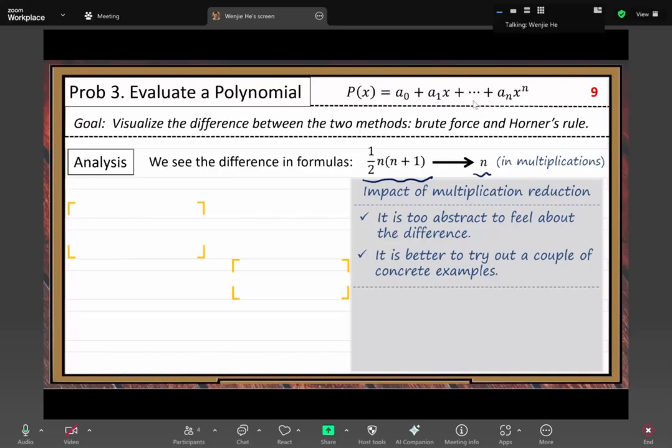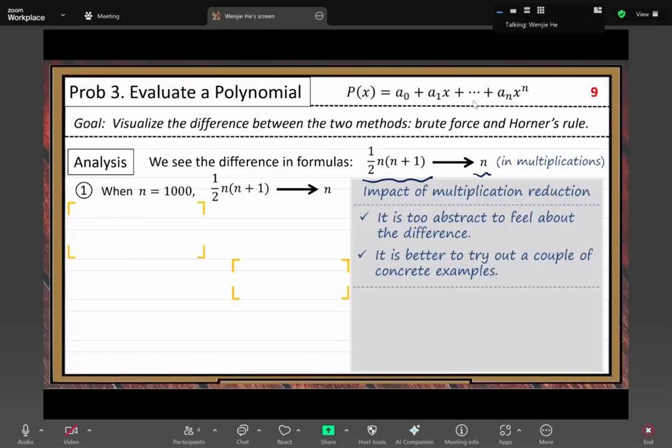The first n value we want to try is n equals 1,000. A polynomial with degree 1,000, right? It's a pretty big polynomial, 1,000 plus 1 terms. Then let's plug into the first formula and the second formula and do a comparison.